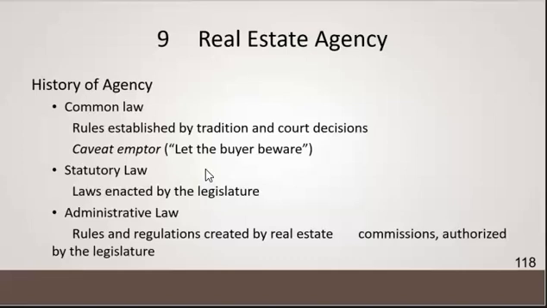So we had that change in the late 70s, early 80s. Then we started having agents work for buyers. Then we had this thing called sub-agency. It's gone away. We don't even talk about that anymore. So the reason it changes is exactly why you guys now have continuing ed every couple years. Actually, it's every year.